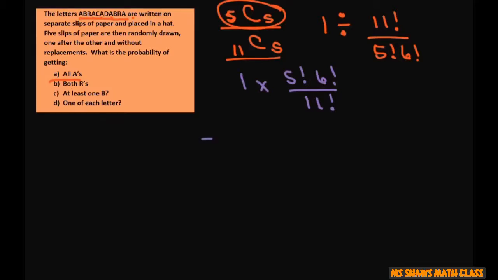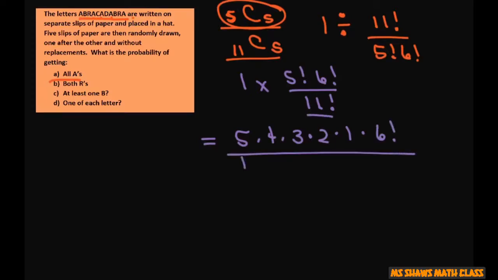Basically this equals 5 times 4 times 3 times 2 times 1 times 6 factorial. And this is going to be 11 times 10 times 9 times 8 times 7 times 6 factorial. So these cancel out, and you're going to get this equals 1 divided by 462.